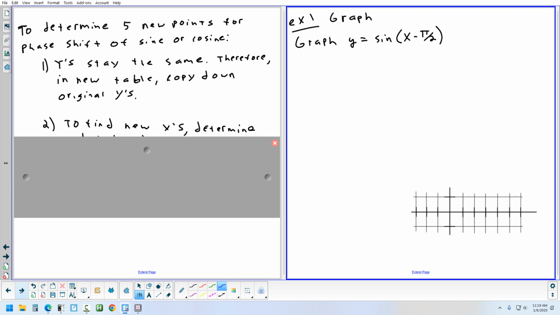So let's think for a second about this one. X minus pi over 2. What way is that graph going to move? To the right. If you had a coordinate here and you want it to move there, what would you have to do to the X value to make it move to the right?